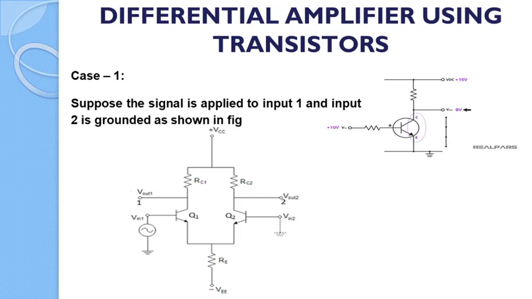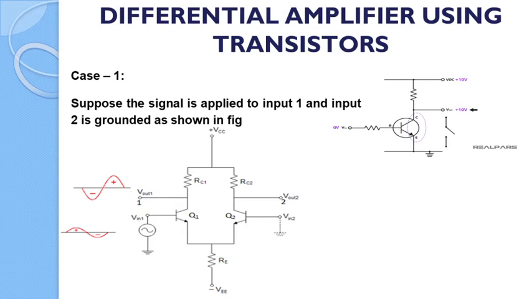So the Q1 transistor will provide the inverted, amplified input signal. We are passing a low frequency signal as input, so we will get the output as an amplified, inverted version of the input signal.